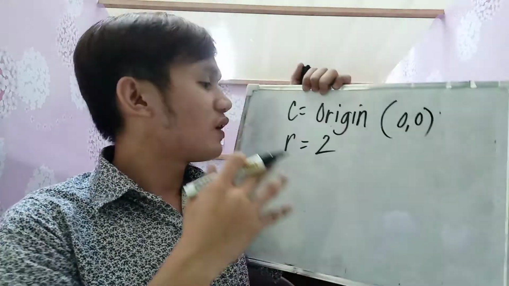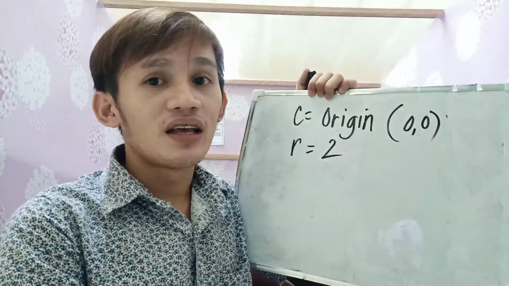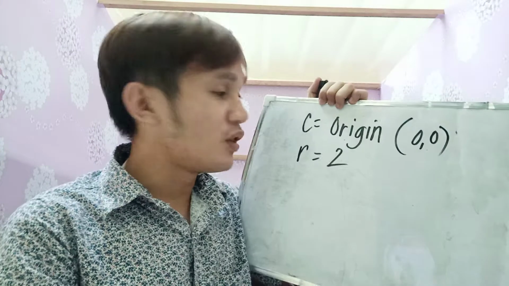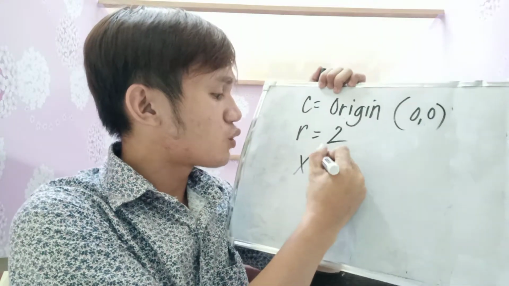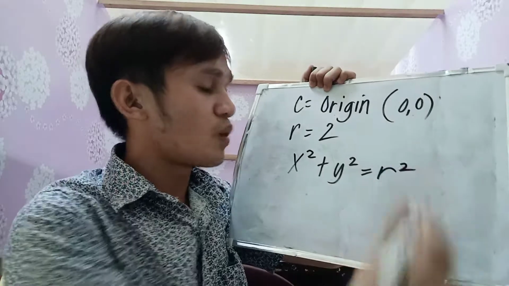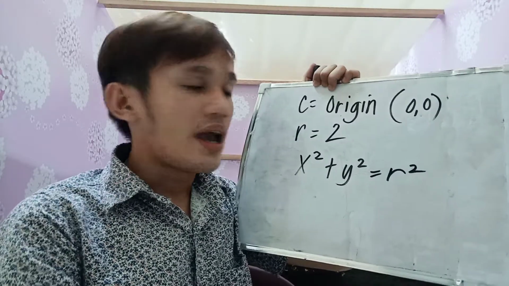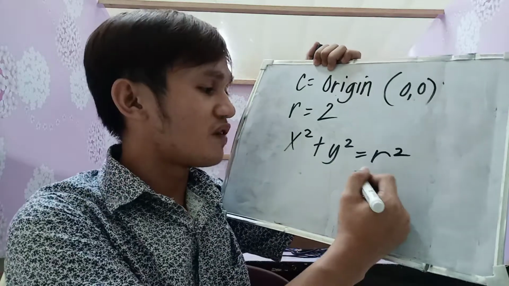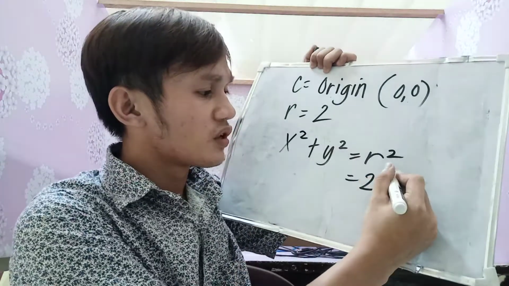If this is the given, then you are simply going to use the formula x squared plus y squared is equal to r squared. Then you just need to substitute the given r, which is 2 squared.